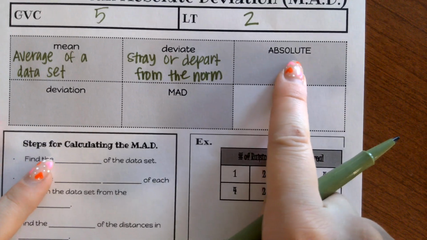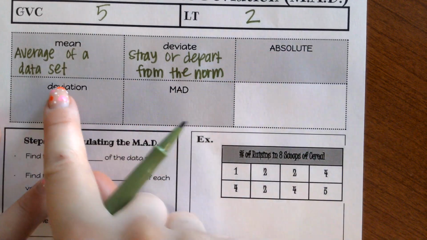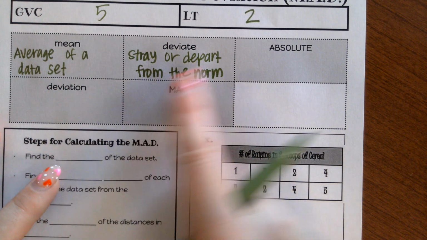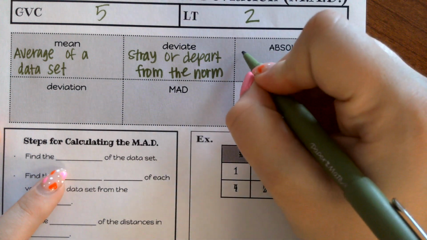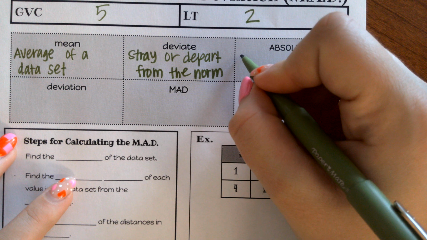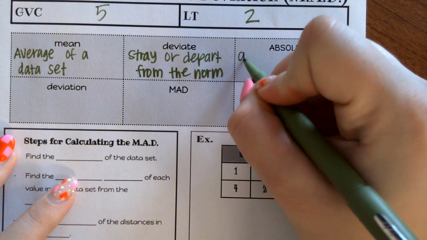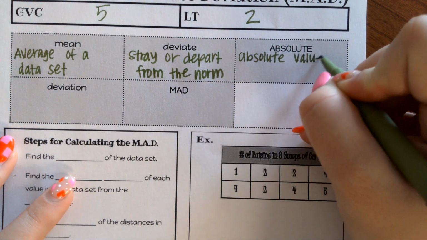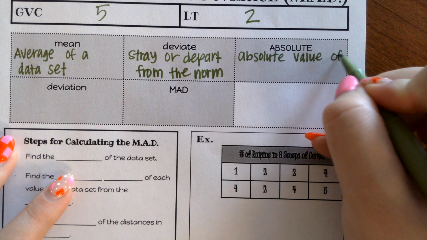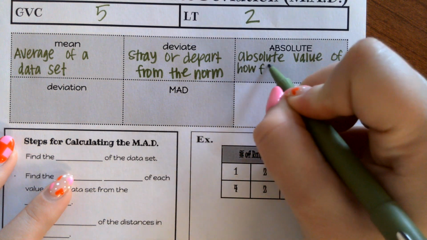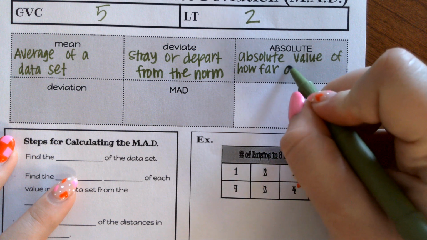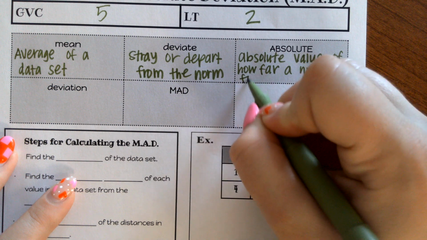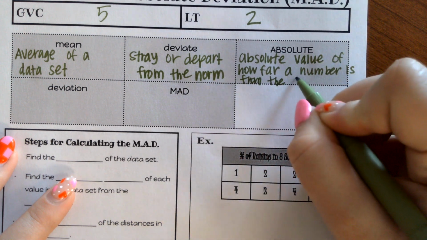The word absolute, or absolute deviation, let's just talk about absolute first. It's the absolute value of how far a number is from the mean.